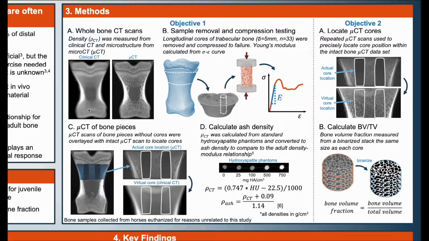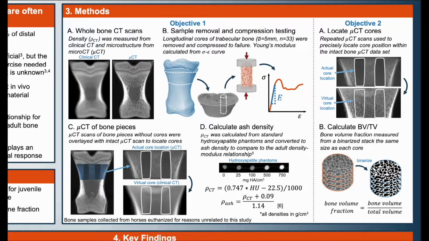And in order to do that, we need to build our density modulus relationship off of a CT density obtained from clinical CT, since we can't stick a live horse's limb into a micro CT and get information. In these methods, a lot of the steps are focused on how do we find the precise location of a bone sample within a clinical CT stack and then sample the density there.